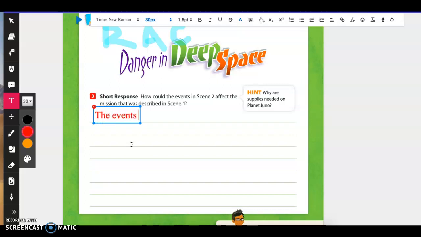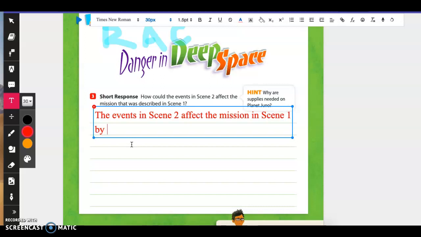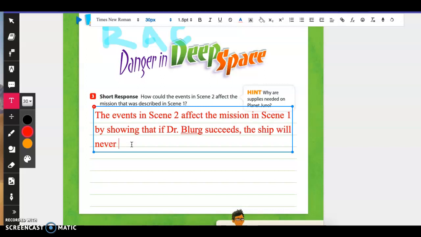The events in Scene, I got to capitalize the word Scene, 2 affect the mission in Scene 1 by showing that if Dr. Blurg succeeds, the ship will never be able to get the medicine to the sick people.